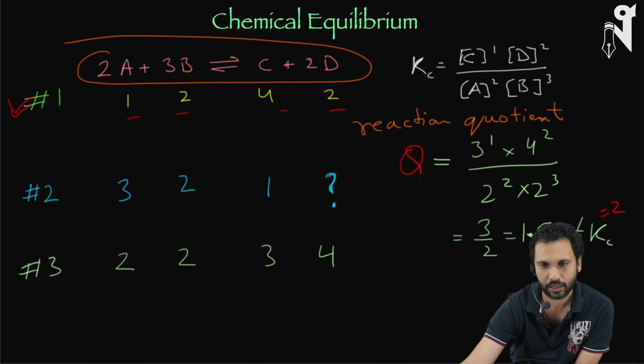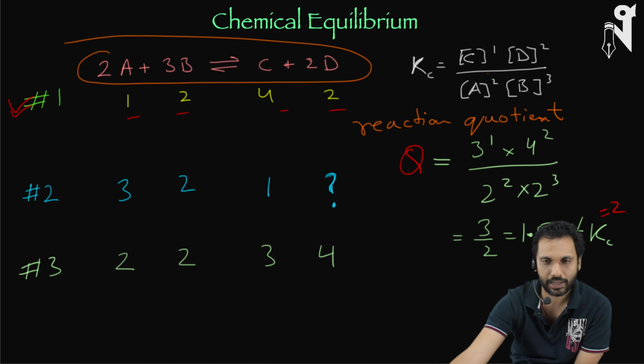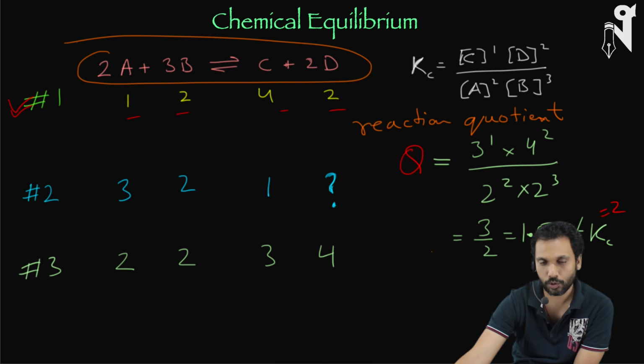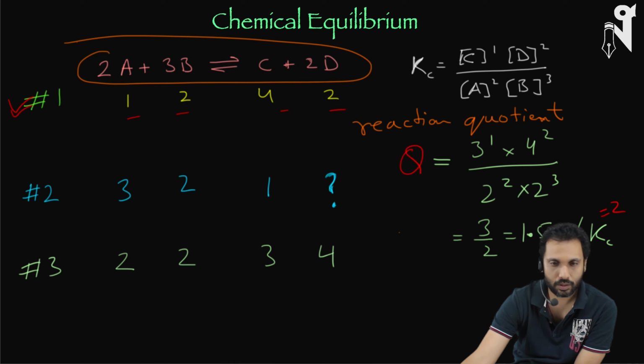That time the same calculation, the product of the products divided by the product of the reactants, is called the reaction quotient. Now let us see whether it is going to go forward or back. That was the other part of the question. So you may again pause the video and reply if you have not already. You have to tell whether it is going to go forward or back.